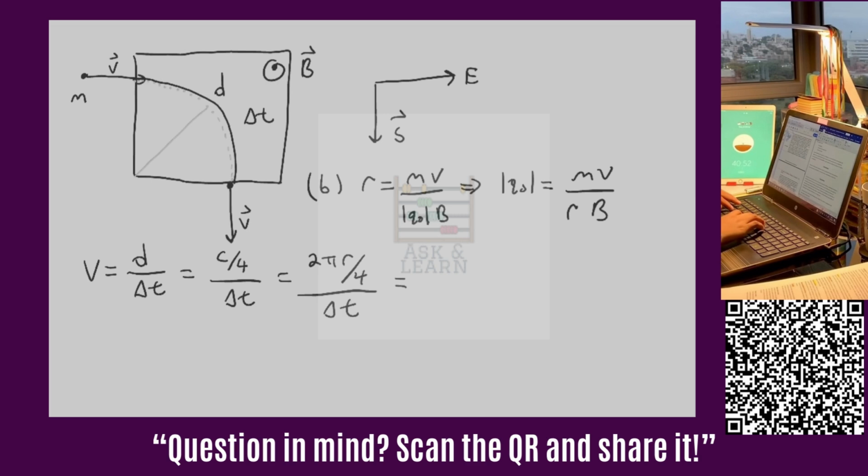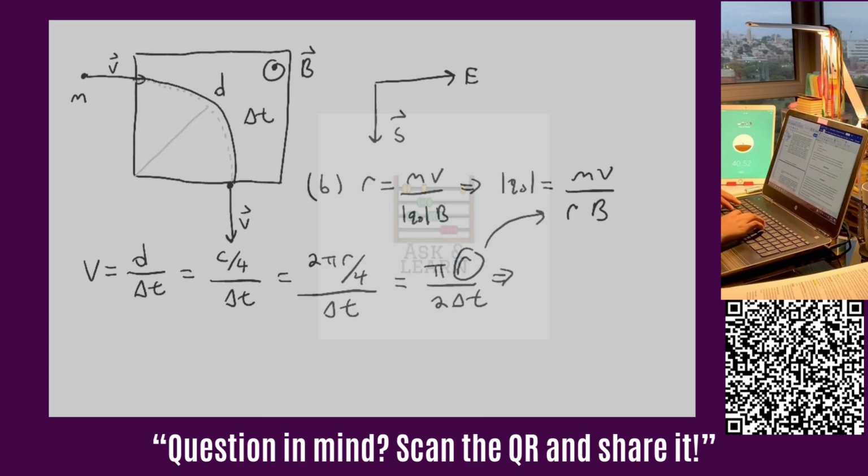So we ultimately see that the velocity of our particle is given by pi times r divided by 2 delta t. Now, we don't know what r is, so we can solve for it and plug it into our equation here.